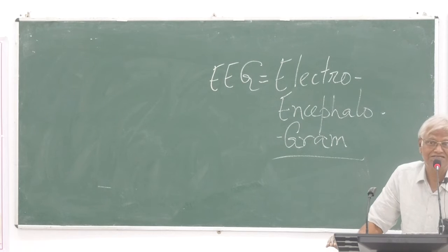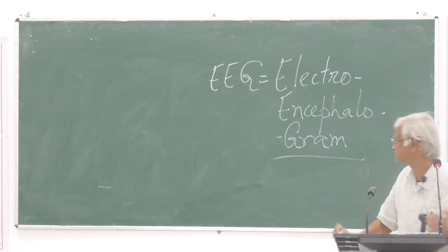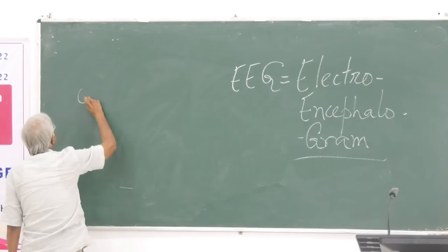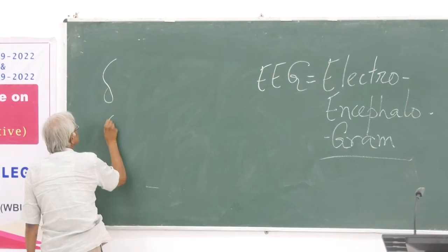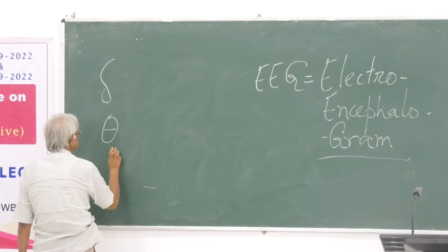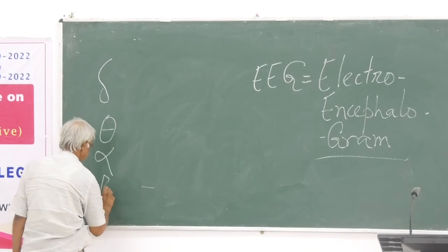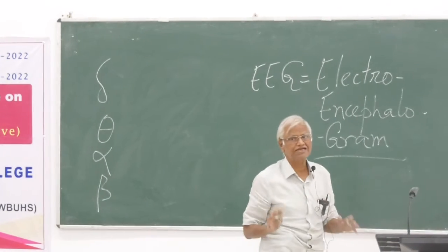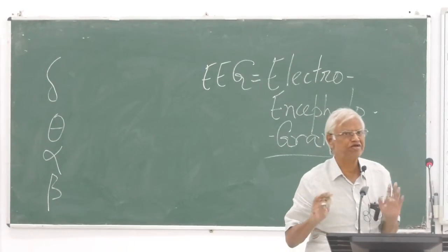There is delta, theta, alpha, beta. There are 4 types of EEG waves.